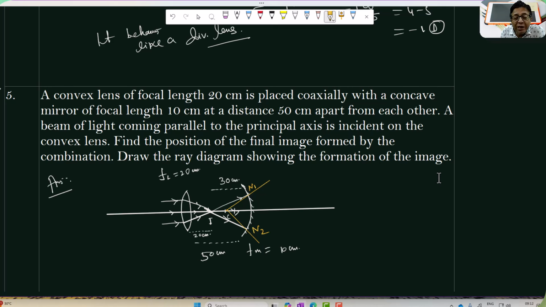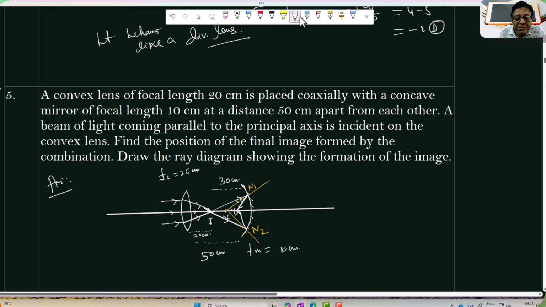So, reflected light should come in this manner, by obeying the law of reflection, i equal to r. Here also i equal to r. This is the ray diagram. Okay. So the final position of the image will be here.